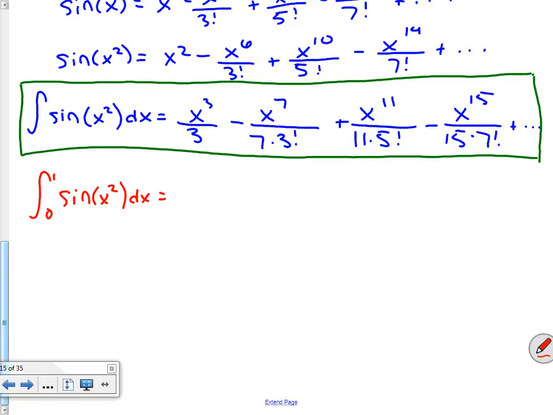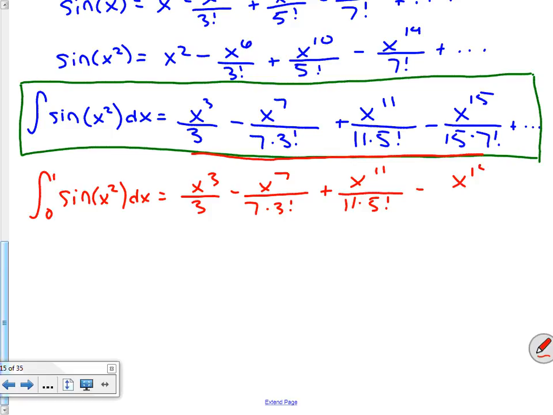And then it's just me evaluating this series from 0 to 1: x cubed over 3 minus x to the 7th over 7 times 3 factorial plus x to the 11th divided by 11 times 5 factorial minus x to the 15th divided by 15 times 7 factorial, and so on, evaluated from 0 to 1. Now all the 0 terms will go away, but I need to evaluate the terms with 1.